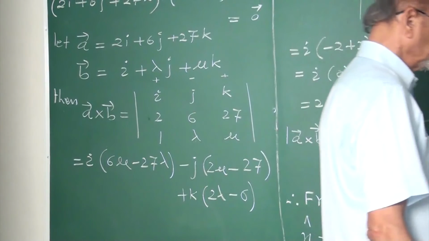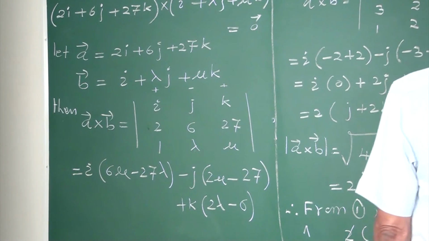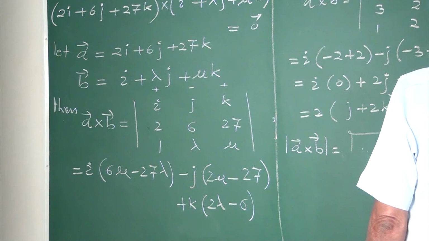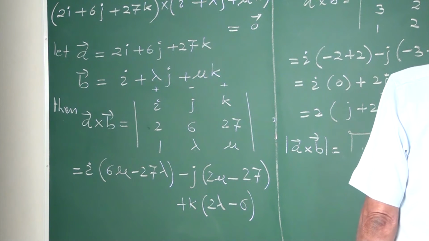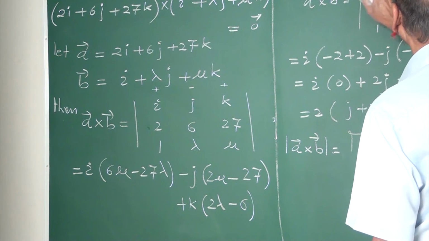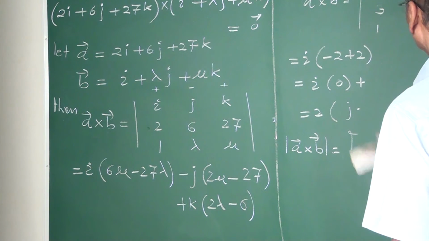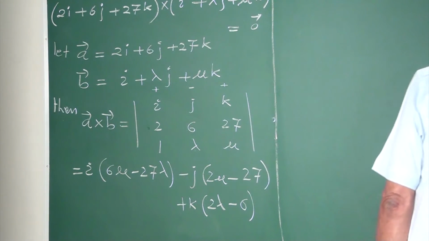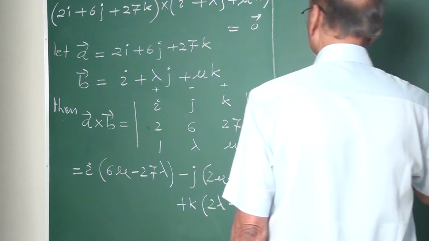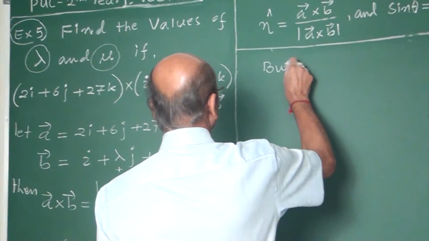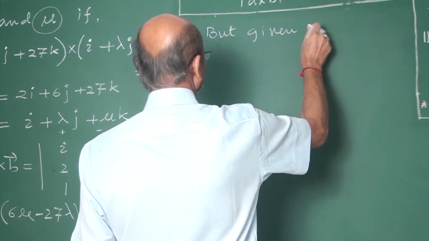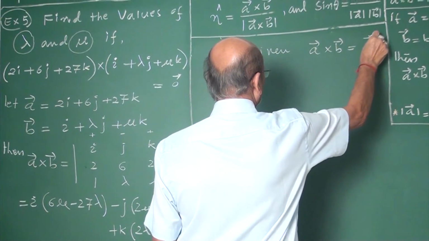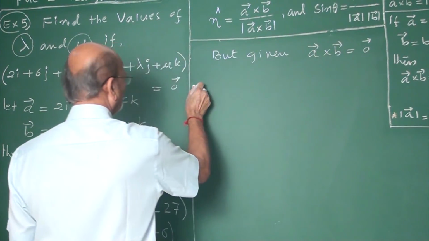But given A cross B is a zero vector, what is A cross B?